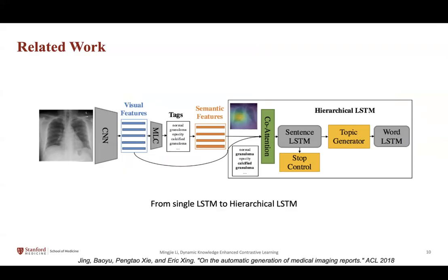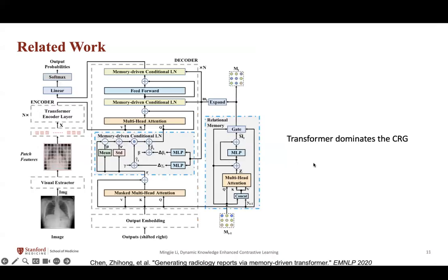So typically, we will use a hierarchical LSTM, which is two LSTMs. The first LSTM focuses on the sentence topic, and the second LSTM is used to generate the sentence for each topic. And then we can get a paragraph that contains a few sentences to introduce this image.